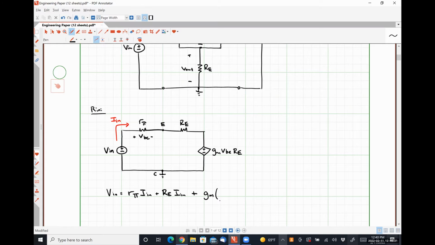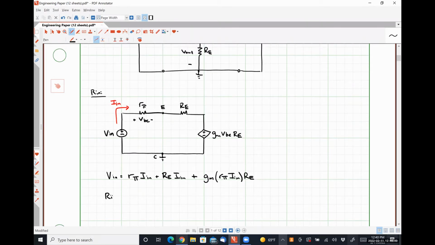So what's VBE going to be? R pi times I in, right? Multiplied by RE.